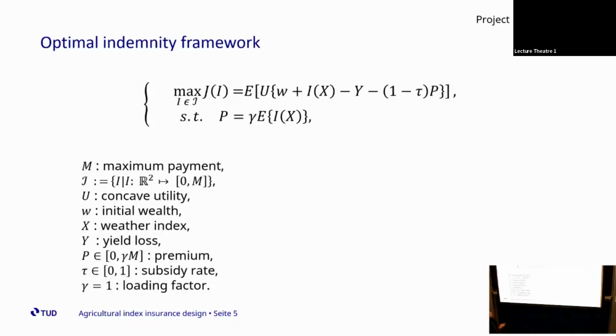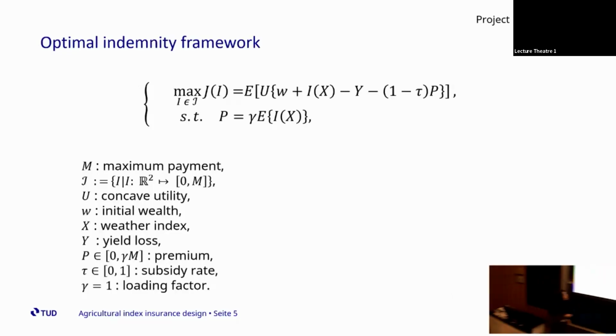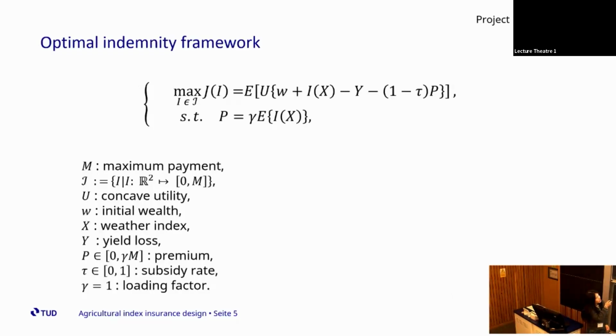And then I would like to introduce the optimal indemnity framework in actuarial science. The objective function is the expected utility of a farmer.